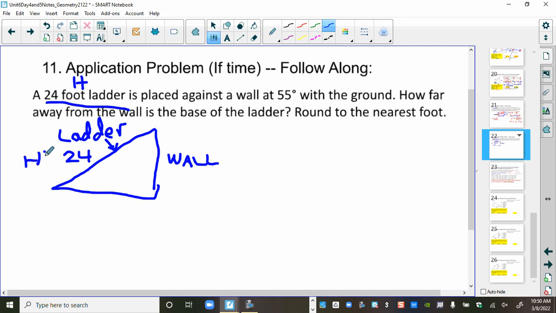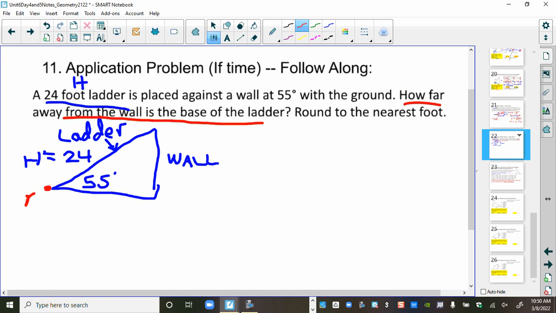And they said placed against the wall at a 55-degree angle with the ground. So here's your 55-degree angle. Now, they're asking how far away from the wall is the base of the ladder. So the base of the ladder is right here.